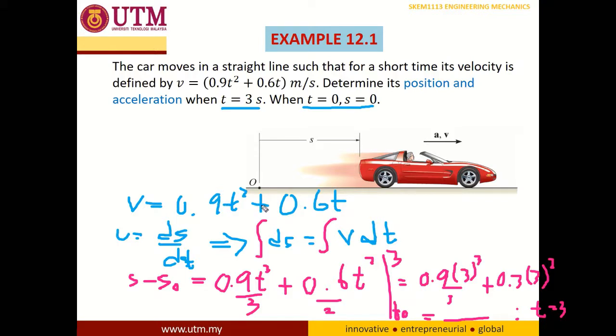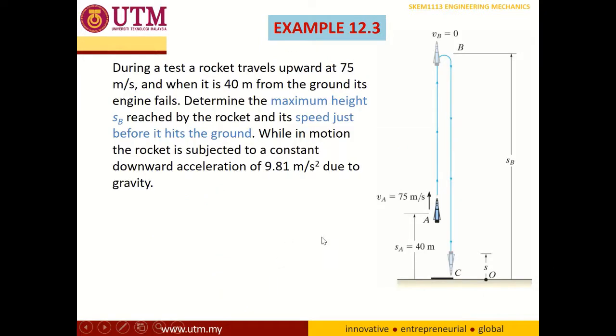If not, then we can directly use the equations for v, a, and also s. This is a special case where the rocket experiences the constant acceleration of gravity, equal to 9.81.